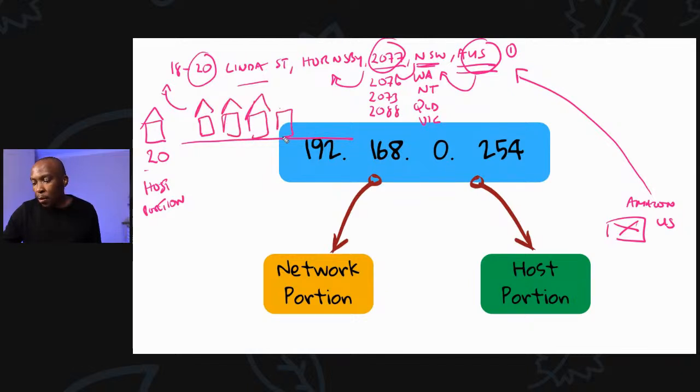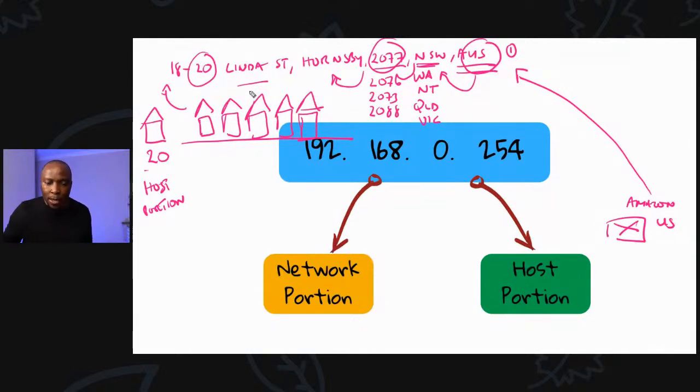So there are multiple houses. So Linda becomes the network address. So if you are trying to get to my house, you go and look for Linda Street in a neighborhood called Hornsby. And then after you find Linda Street, you find the house number 20, and then you're able to get to my house.